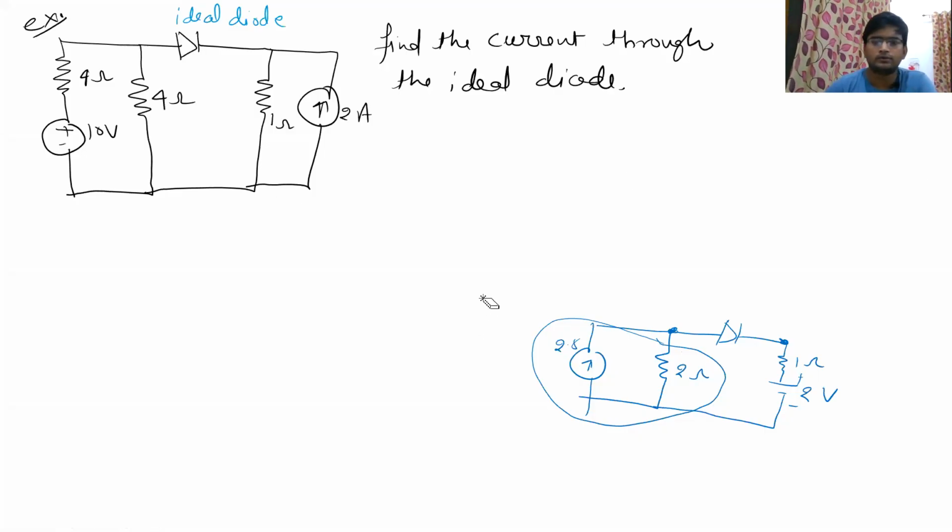Now from here we see that the value of Vs will definitely be equal to the value of current 2.5 into the value of resistance. So 2.5 into 2 is equal to 5 volt, and obviously the Rs value will be 2 ohm itself. So this circuit can again be converted into this.